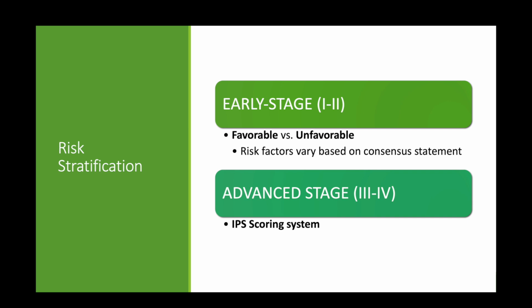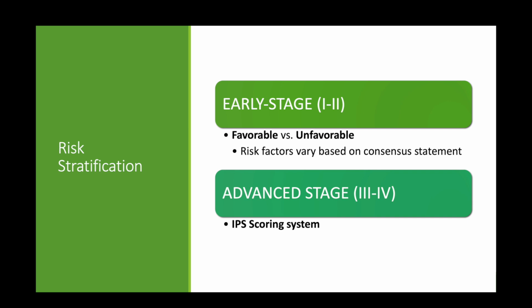For early stage disease, there's actually a further subclassification of favorable versus unfavorable risk. So we kind of risk group the early stage patients into favorable versus unfavorable. And we'll talk about what factors we think about and how we risk stratify them. And also keep in mind that there are different consensus statements. So for example, the EORTC versus the German Hodgkin study group, they have different ways of splitting up favorable versus unfavorable.